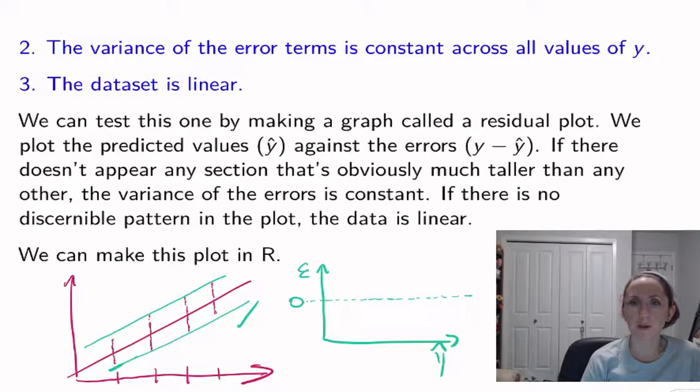So what we're trying to discern when we're looking at this residual plot, we're looking for 2 things. One, that I have no sections of my plot that appear obviously taller or wider than other ones. So I'm looking for my points to be about equally spread in the up-down direction.